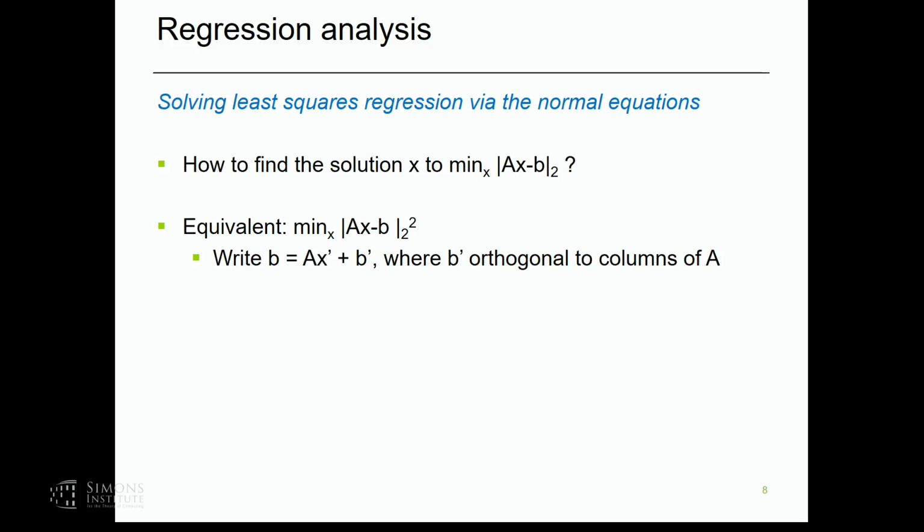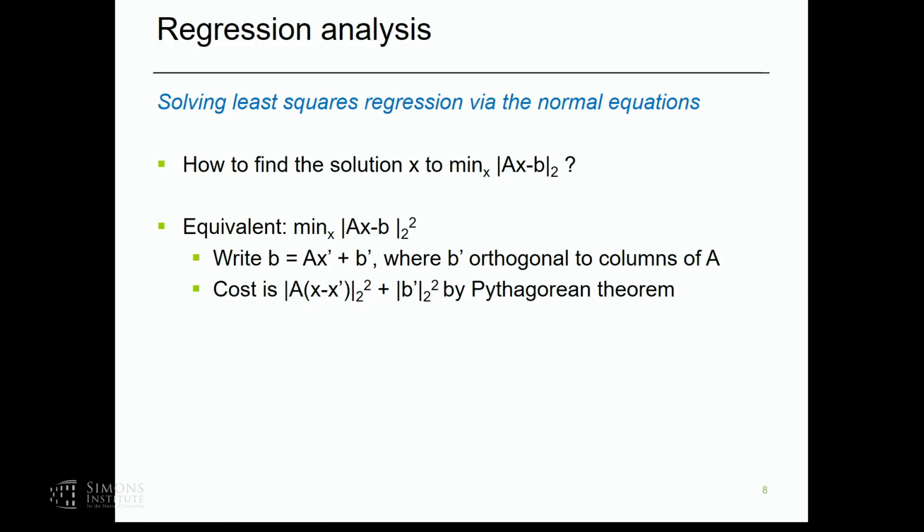Let's write our vector b of observations as Ax' for some x' plus b', where b' is orthogonal to the span of the columns of A. Then the cost, by the Pythagorean theorem, is just the squared norm of Ax minus Ax' plus the squared norm of b'. For any x you choose, you're going to pay this projection distance, the norm of b'.